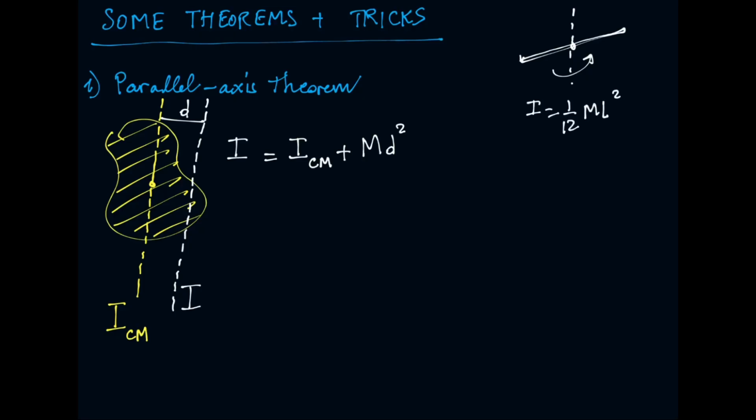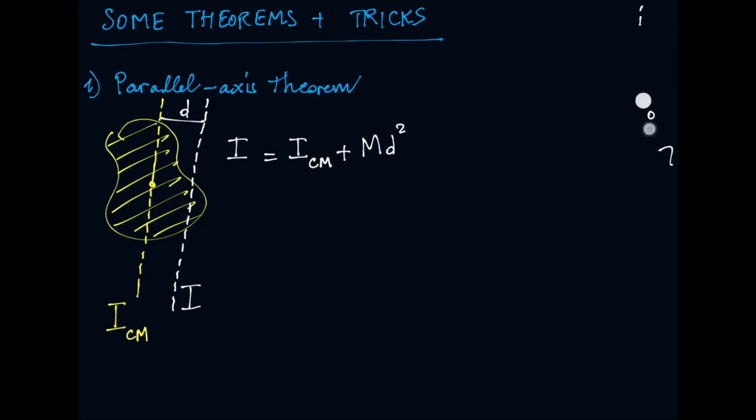If you were to rotate this drumstick about a point that is not the center of mass, but is parallel to it at a certain distance, then I would have to add md squared. So it's not exactly a twirling, but this whole thing is rotating around it like this. Okay. All right. Parallel axis theorem.